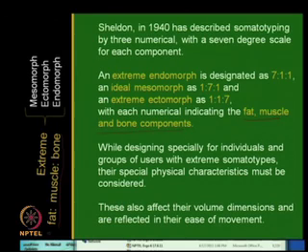Now, while designing specifically for individuals and groups of users with extreme somatotypes, their special physical characteristics must be considered. These also affect their volume dimensions, length, breadth, depth, and are reflected in their ease of movement.